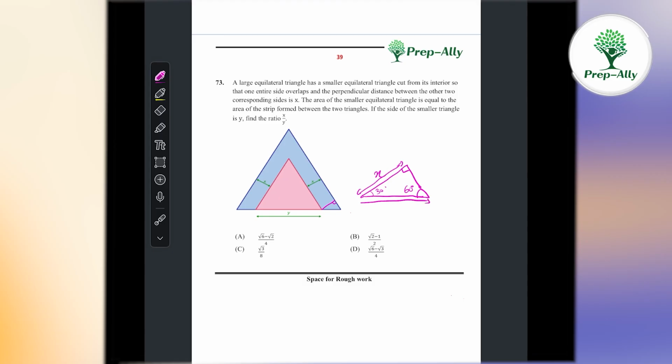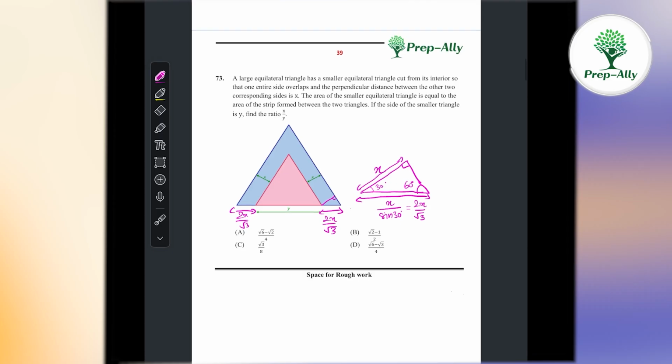So this is x by sine 30, which equals 2x by root 3. Is that right? So this is 2x by root 3, and this is also 2x by root 3, right?